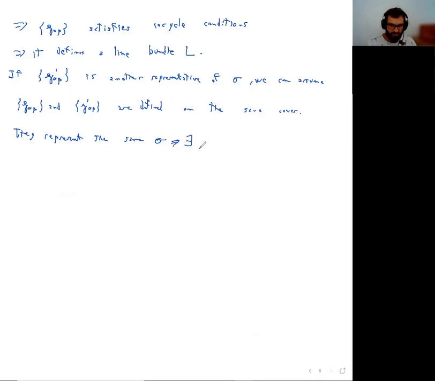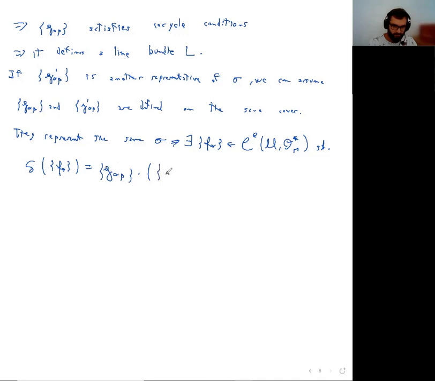So there exists a zero cochain, with values in O* of M, such that the image of this cochain is g_alpha_beta times g_alpha_beta prime inverse. We don't really have yet an explicit expression for what this means.